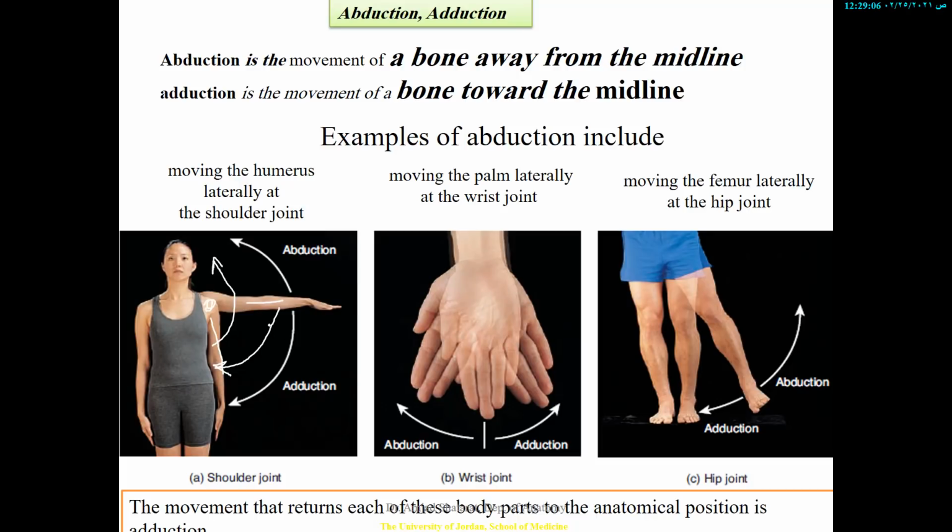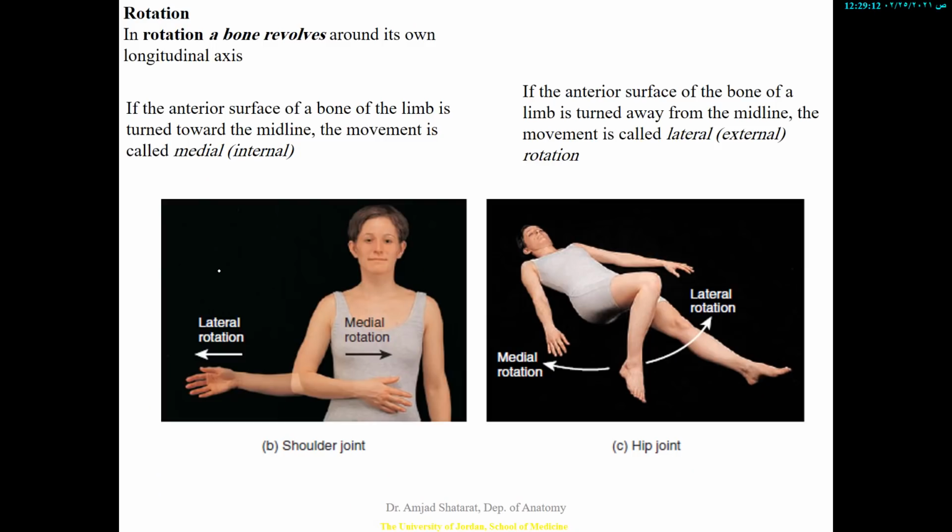Also, the shoulder joint performs medial and lateral rotation. Rotation is when, this is the head of the humerus here, I'll draw this bone like this. This is the humerus.